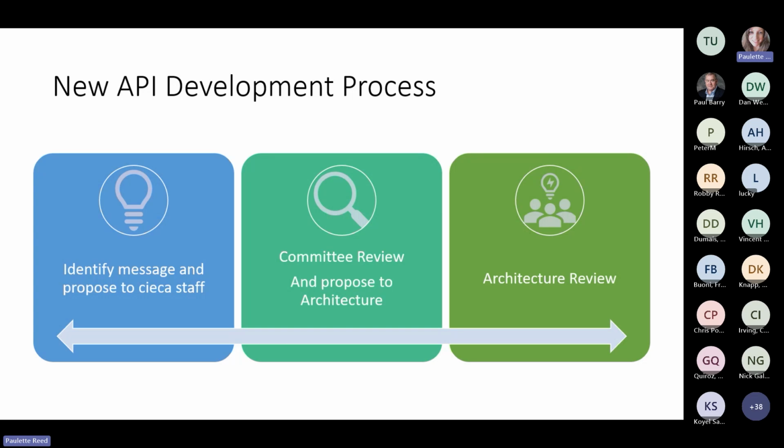If not, the architecture team will send back some recommendations to the committee. The committee can work through that again until approval. Then once the approval is met, architecture will again get that work moved into the next release. And as Dan said, we will be working with all of our tools to make sure that they are tested, and we have a rigorous QA process.